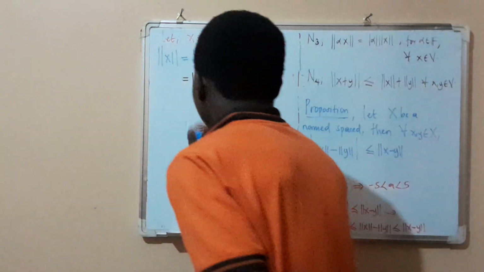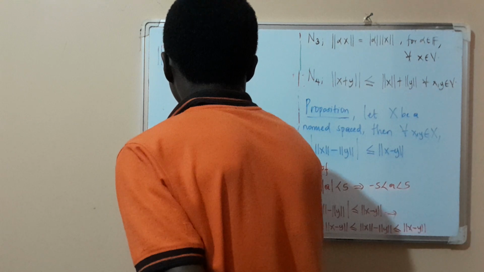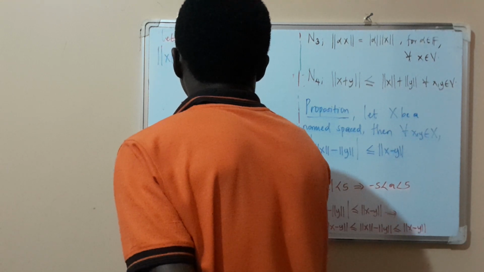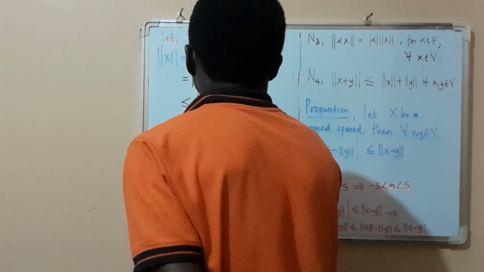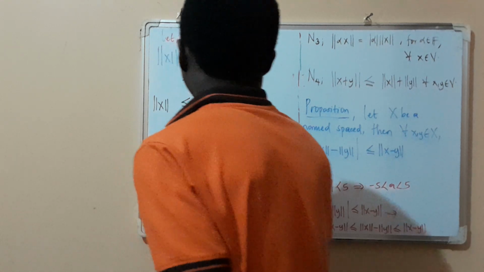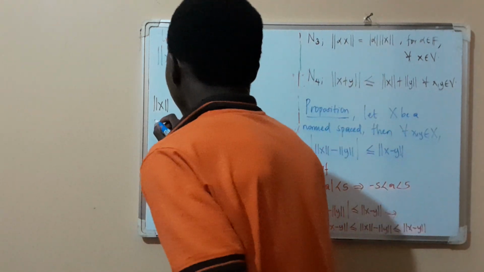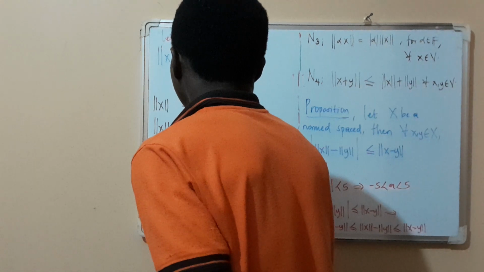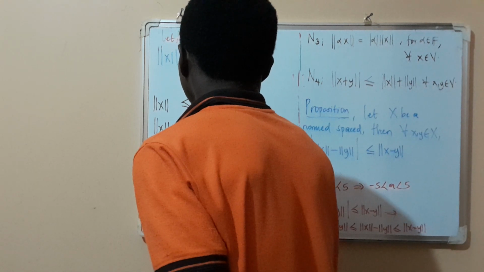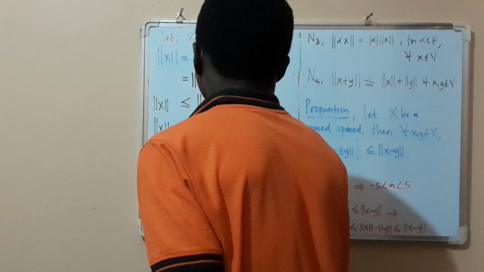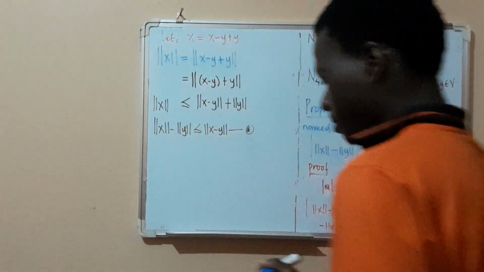Applying the triangular inequality, this is less or equal to the norm of x minus y plus the norm of y. Now I can take this side, so I will have this minus that. Star.